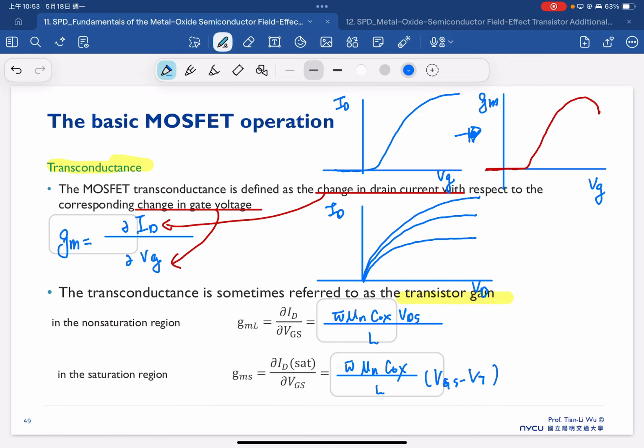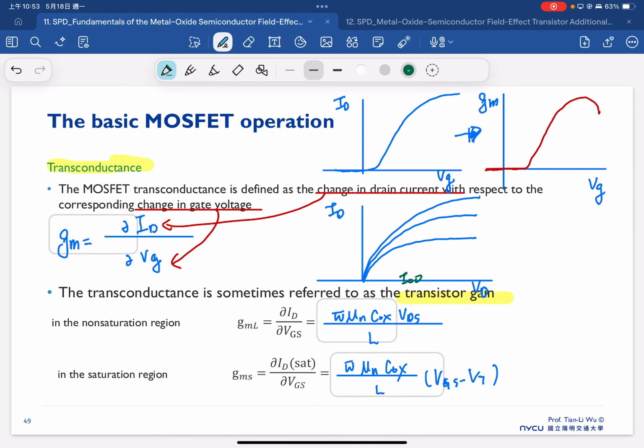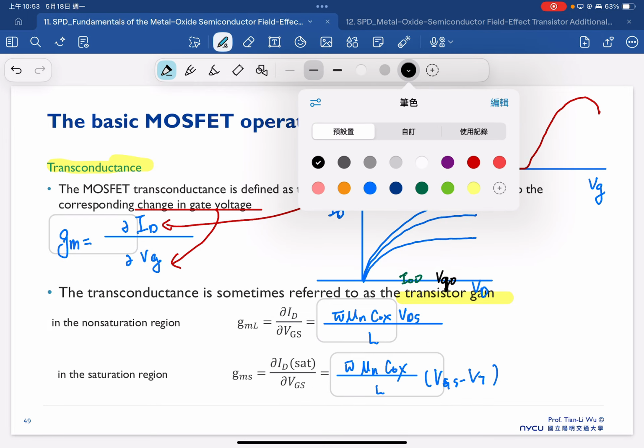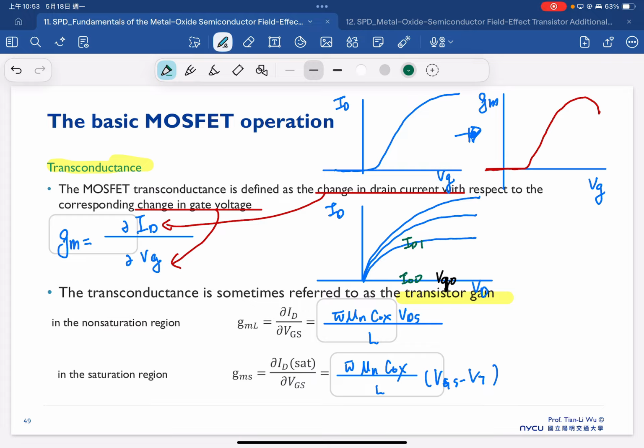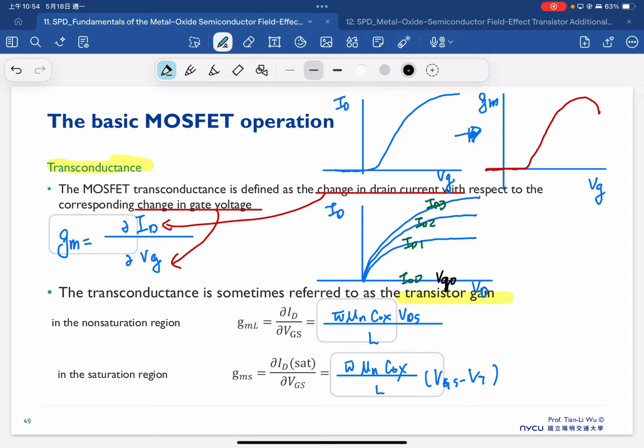Each ID-VD curve has one ID0 based on one VG0. And the next is ID1, ID2, ID3, but those all need a specific gate bias, which is VG1, VG2, VG3.